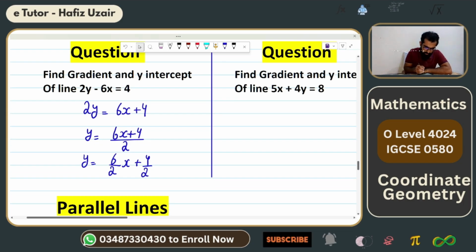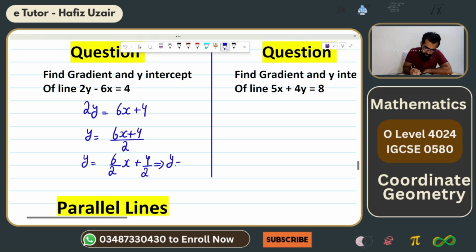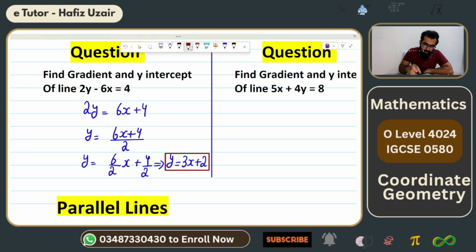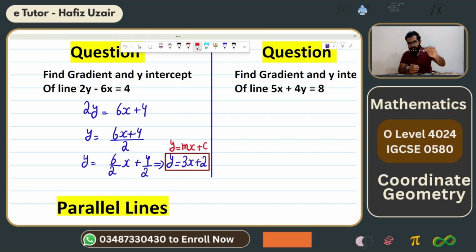So now if we solve this, y will be equals to 3x plus 2. Now you can easily check that y is subject over here. Now compare this equation with y equals mx plus c. Y is in the place of y, x is in the place of x.